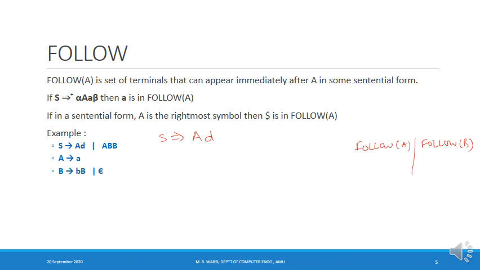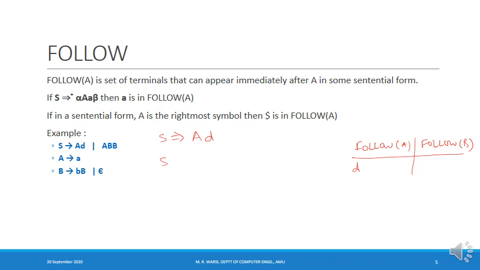If I look at this sentential form, small d is immediately after capital A. So small d is following capital A, and small d will be there in the follow of capital A. So small d will be added to the follow of capital A.